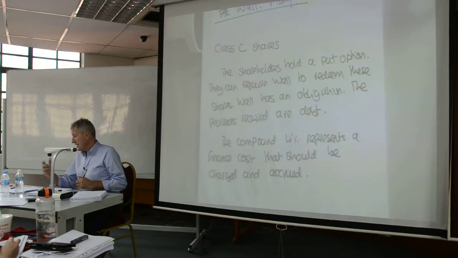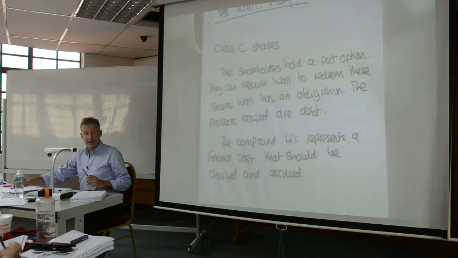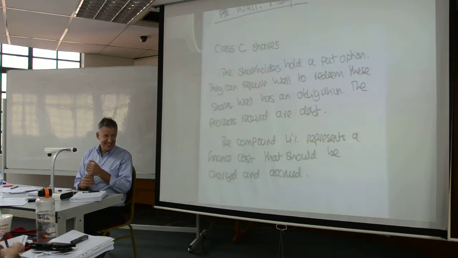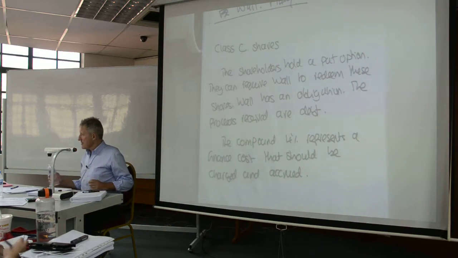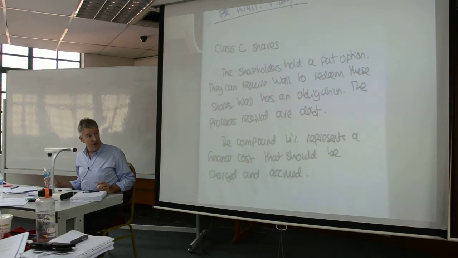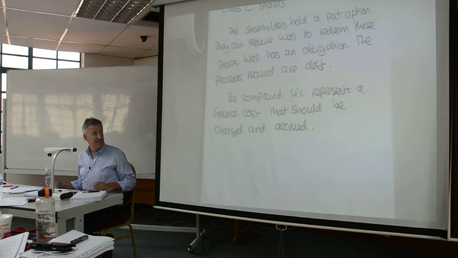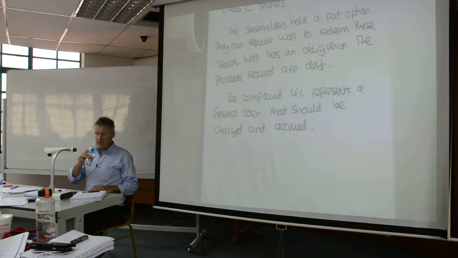Substance. A lawyer may claim that it's equity. A lawyer may claim that they are shares. The truth, the economic reality, the substance, is that they are debt, and therefore they should be classified and accounted for as debt. The compound 4% represents a finance cost that should be charged and accrued. Next.